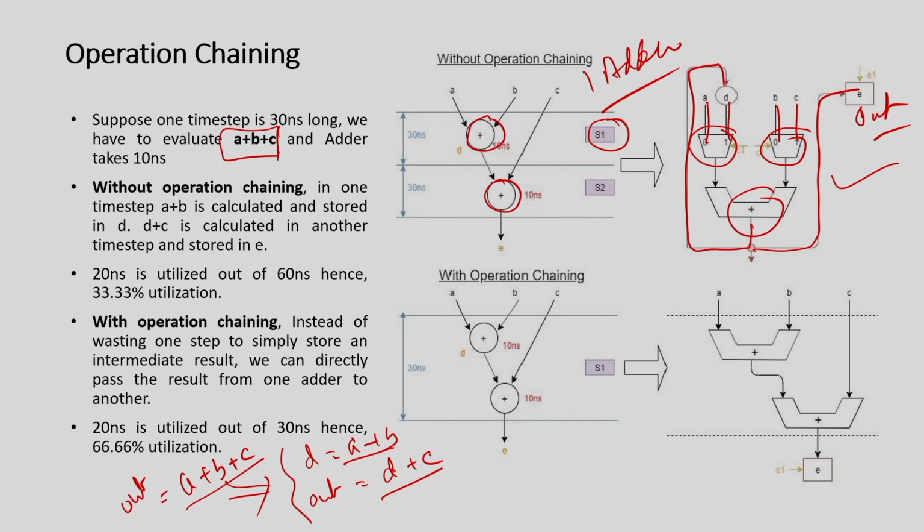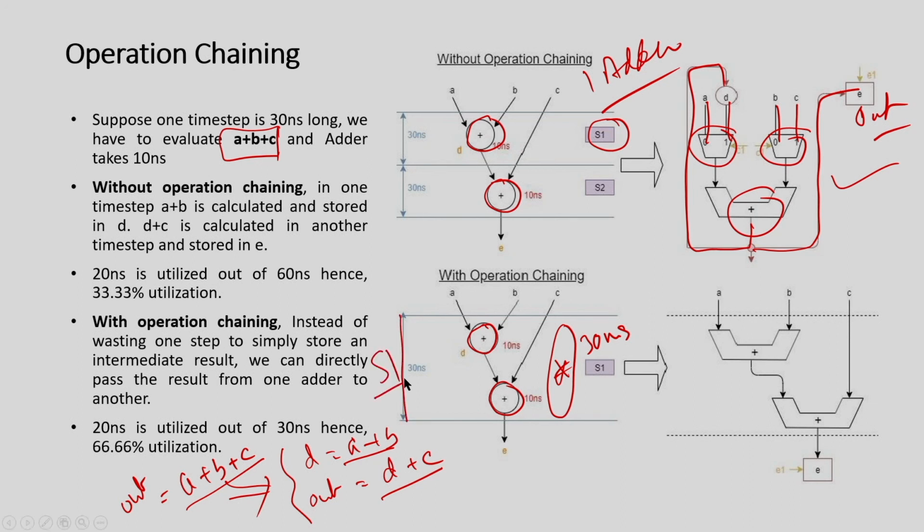In operation chaining, there may be another big multiplier scheduled here, which is say 30 nanoseconds, and this adder is only 10 nanoseconds. So I can easily do these 2 operations in the same clock, because otherwise the adder will remain idle for 20 nanoseconds. Here I am not performing the 2 addition operations in 2 cycles, rather I am doing the whole thing in the same cycle S1.